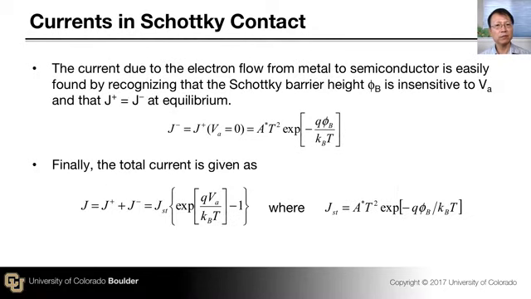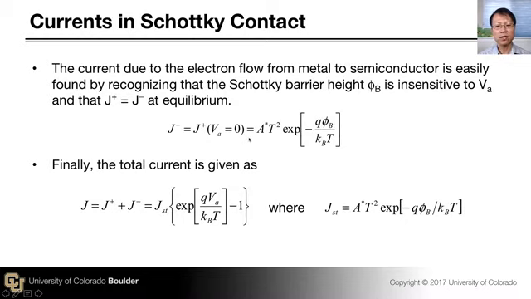Now we only need to find the opposite current density to get the total current density, so J minus. But J minus is simply equal to J plus at equilibrium. So J plus at V equals 0, applied voltage equals 0, should be equal to J minus.